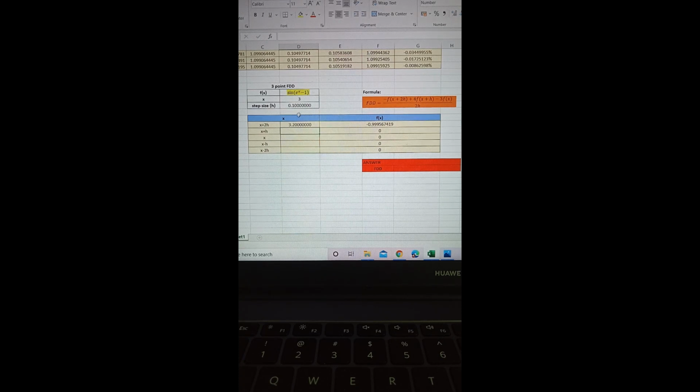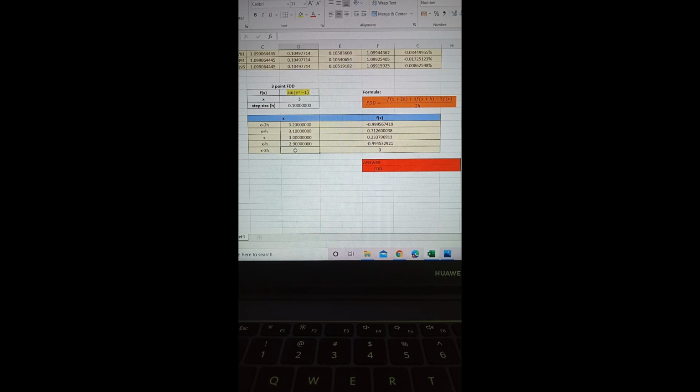X plus h is equal plus h. X minus h, 3 minus 0.1 is equals to 2.9.